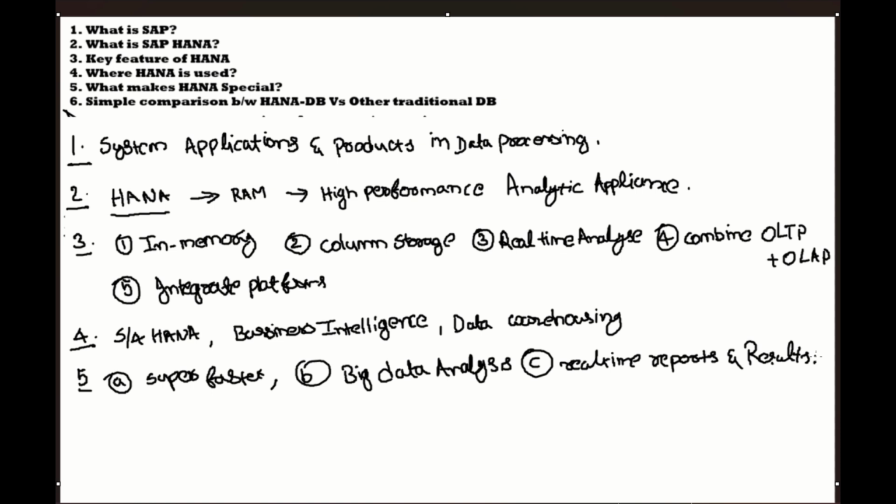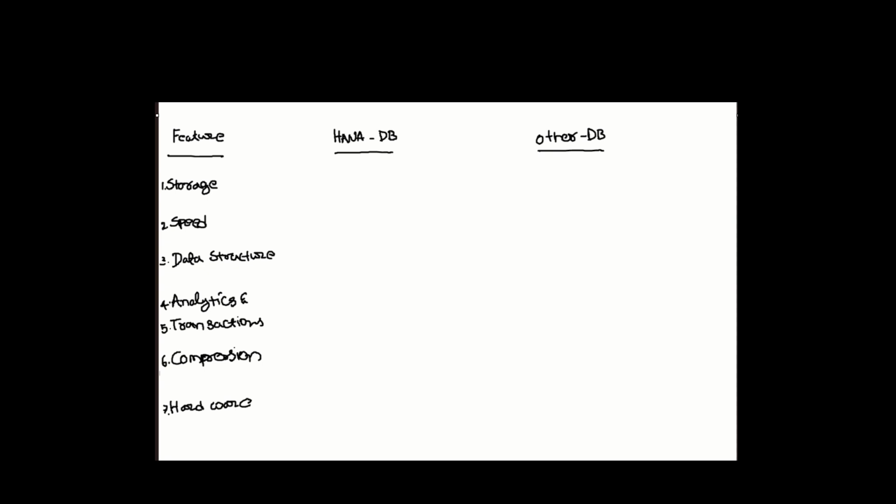Lastly, we can see the difference between the HANA database and other databases. First, in-memory storage. I have already given the example of a book in a room and the same book in a library.